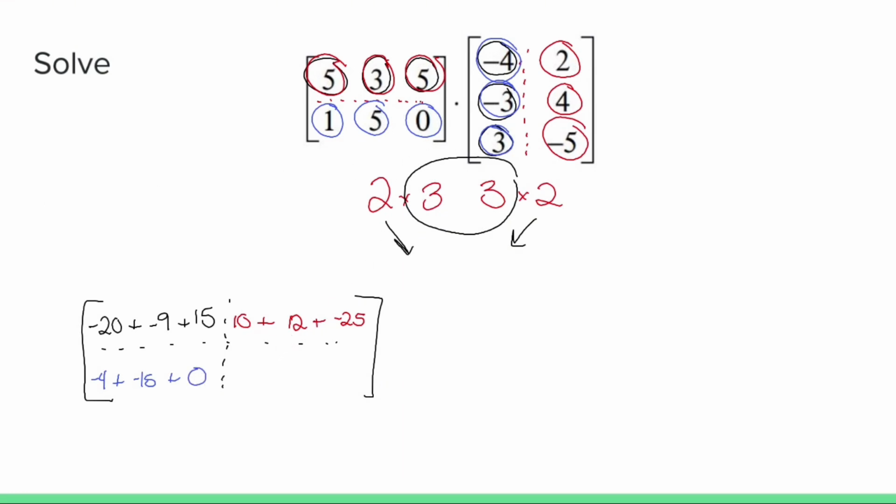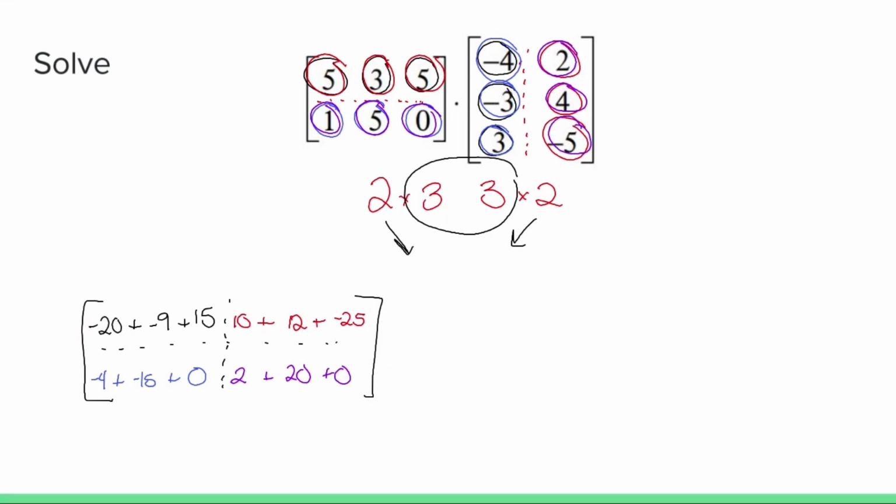Let's close this up. We've got the second row, second column. First element is 1 times first element, which is 2, and we get 2, plus. 5 times 4, the second element, is 20, and then 0 times negative 5 is just going to be 0.